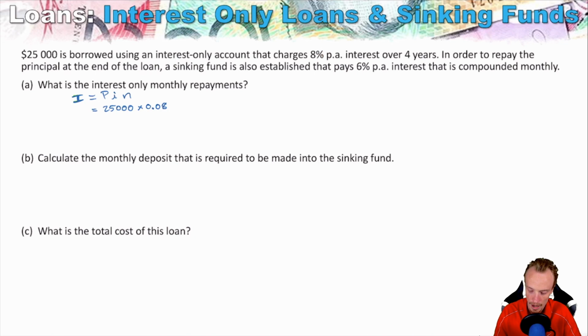And then we're looking at our time. So our time here is a monthly repayment, so it's 1/12 of a year, which is how I'm going to enter it here. And let's now go and calculate what our interest is going to be.